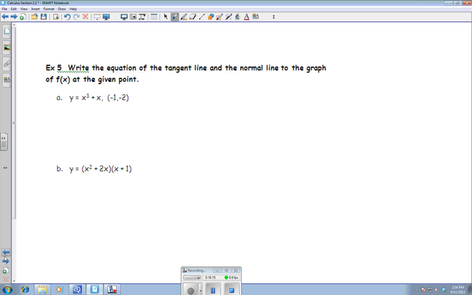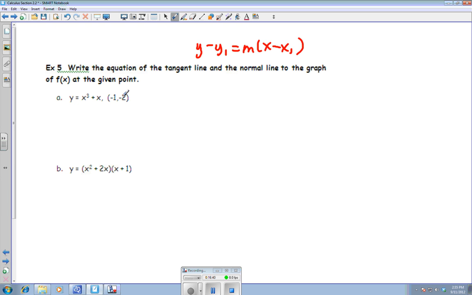Write the equation of the tangent line and the normal line to the graph of f of x at the given point. Right, so in order to write the equation of a line, we have to have two things. We have to have a point, which we do, and we have to have a slope. We don't have that. Then once we have those two things, we use the point-slope form to write the equation of the line. Okay, well we have our point, which is going to go here.